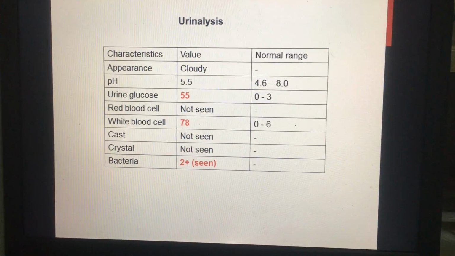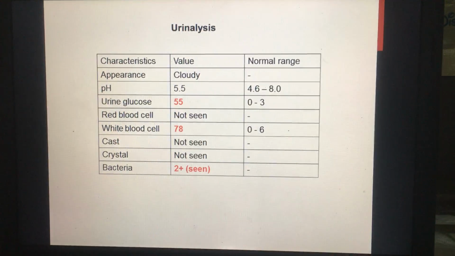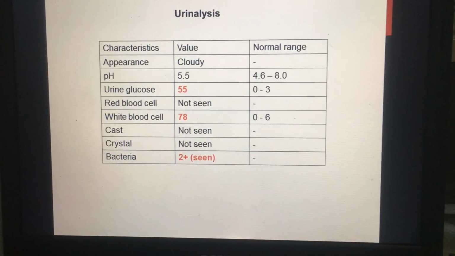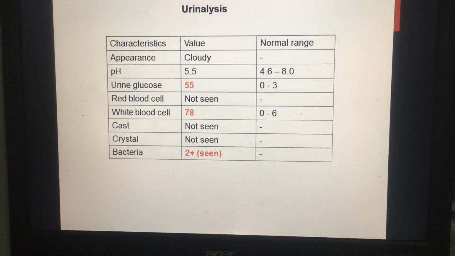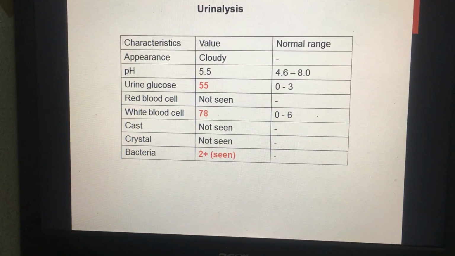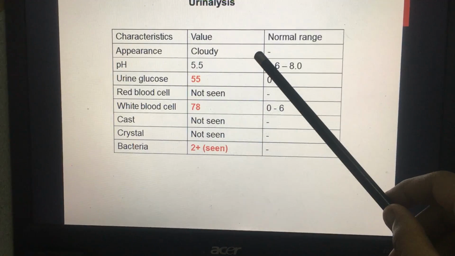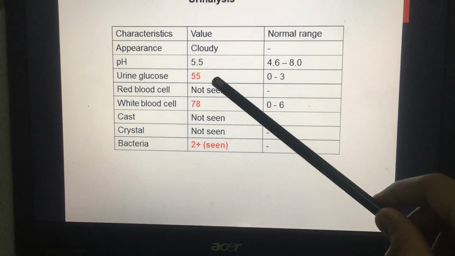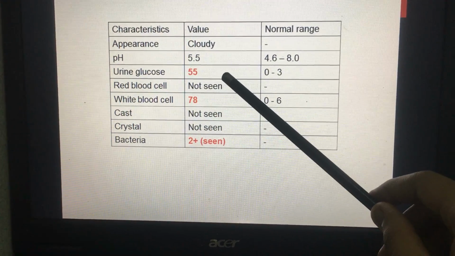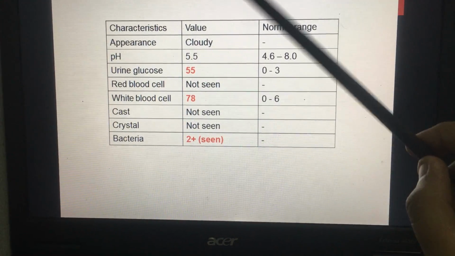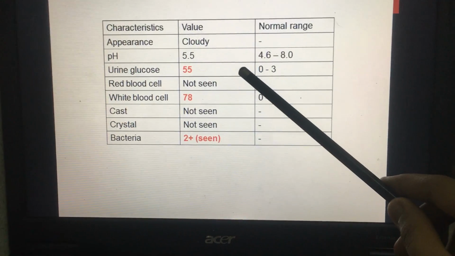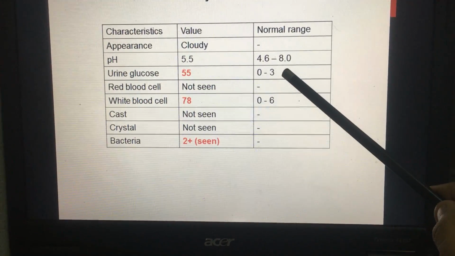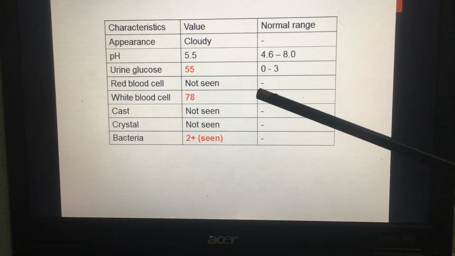Next, urinalysis. Okay, we took the urine and we did the dipstick and the urine FEME, which is microscopic. The appearance shows cloudy and pH is normal, but the urine glucose is higher than the normal range, which is 55, but the normal range is not more than 3.